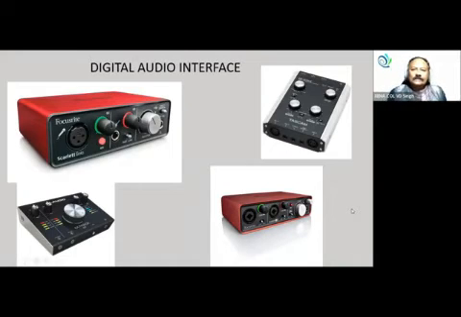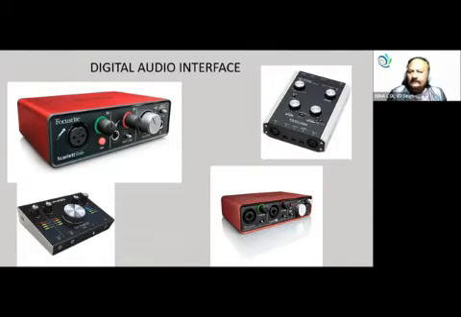Now, what is this additional thing which we are seeing in front of you? A very commonly used digital audio interface, a small little box which just weighs perhaps 300 or 400 grams. This digital audio interface becomes an integral part of your home studio or professional studio, and the output which comes out from your mixer, left and right output, goes into these boxes.